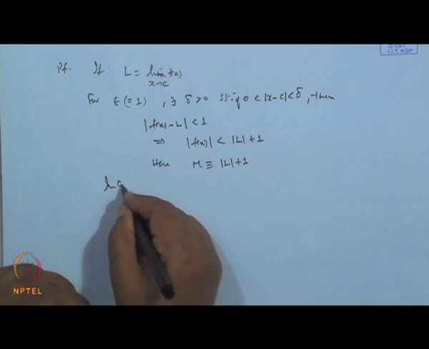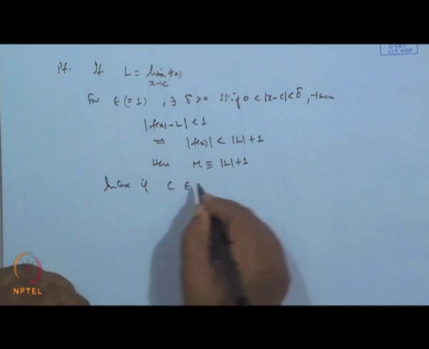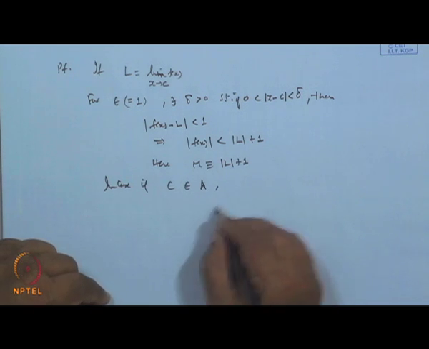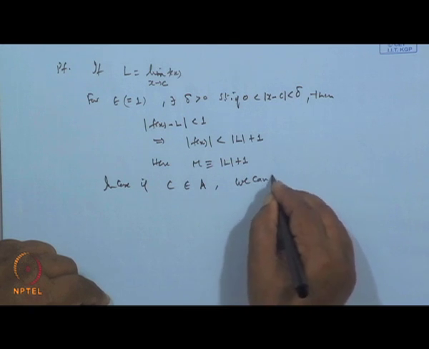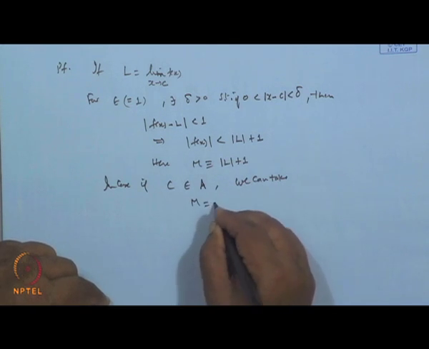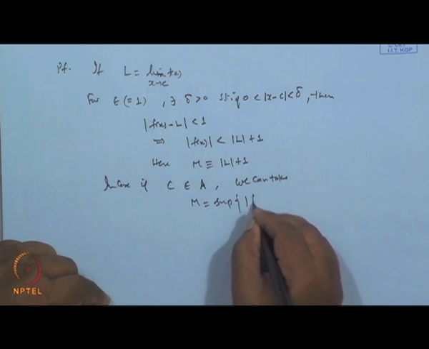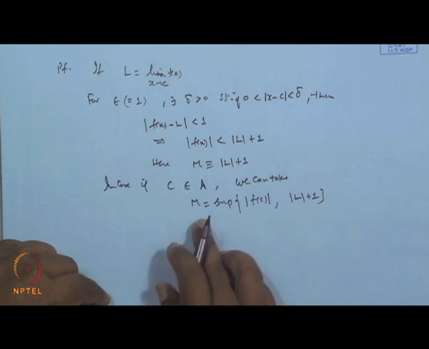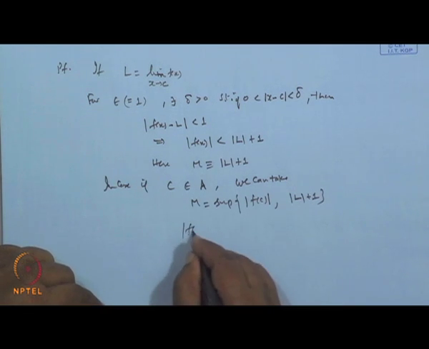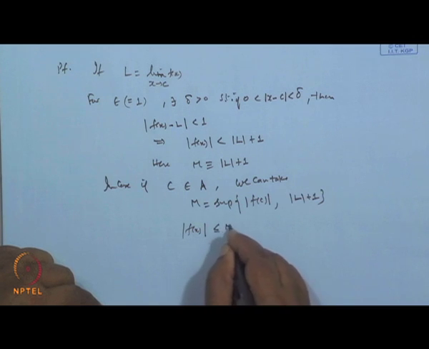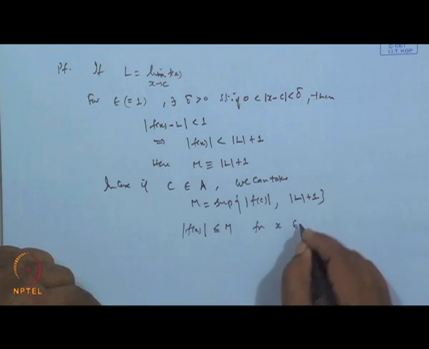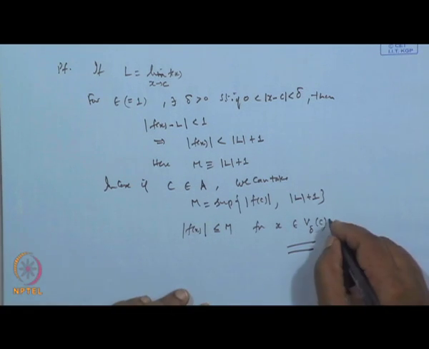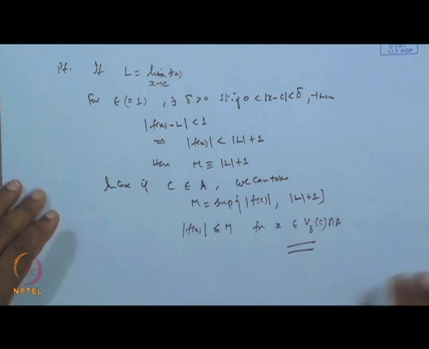In case c also belongs to A, then we can take M to be the supremum of |f(c)| and this bound and this bound. If I choose this, then the function f(x) will satisfy this condition for all x in some neighborhood of c intersection A. Okay.